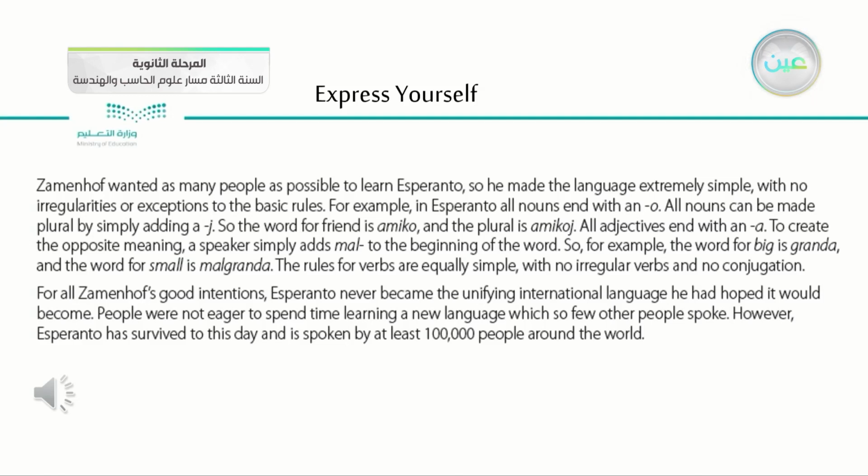Okay, now, after we have listened to these two paragraphs, there are some words and some ideas that need some explanation or focusing on. We've learned that in the Esperanto language, if we want to turn a word from singular to plural, we just add J at the end of the word.